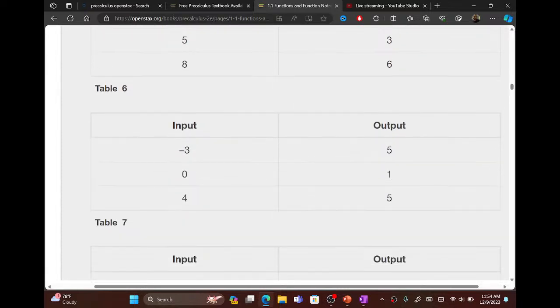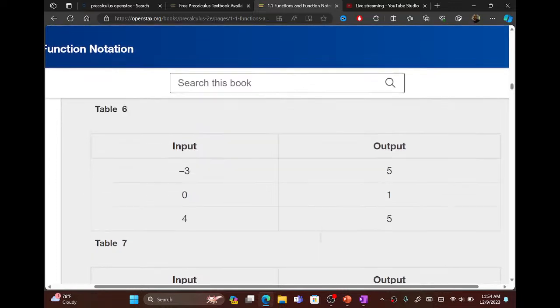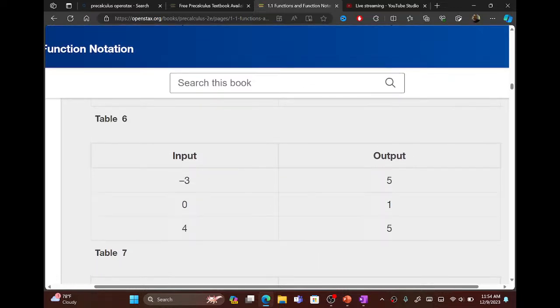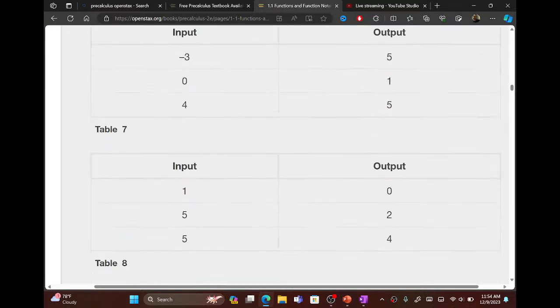Let's look at the next one. Table 6 is negative 3, 0, 4. You see how there are repeated y values? That is okay, but make sure there are no repeated x values. So table 6 is a function.